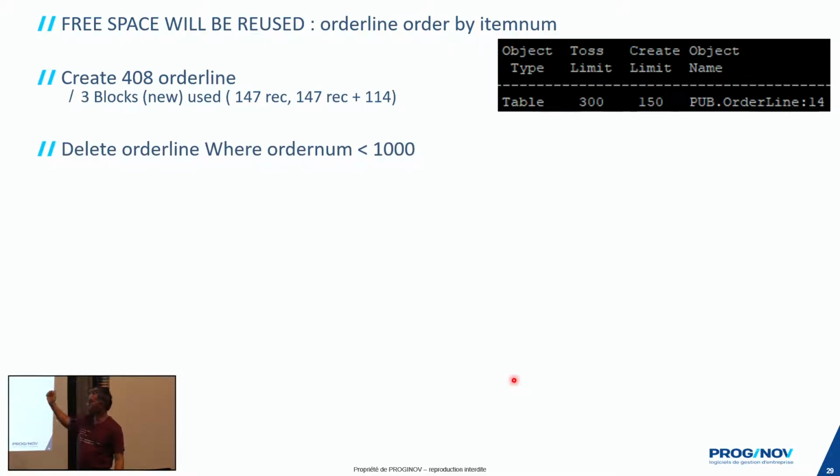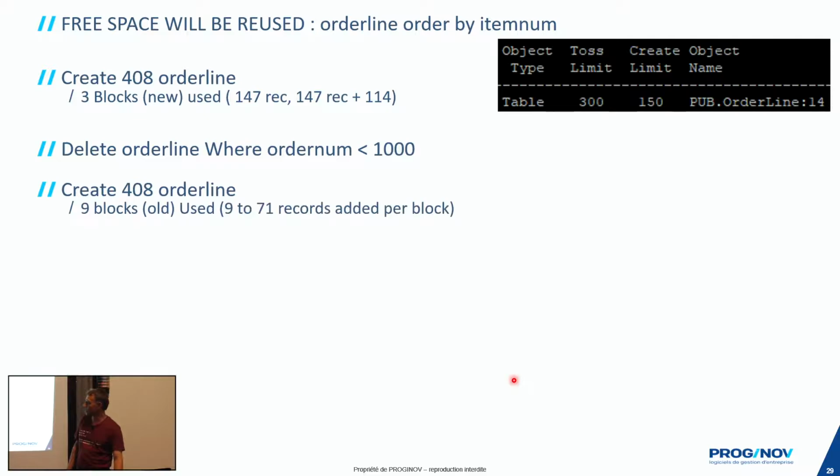The DB's order line is ordered by item, dumped and loaded by item name, and I'm deleting by order name, which is not the same index. So when I create the same set of records, now records are spread in 9 blocks. So it will increase your disk reads, 3 blocks, 9 blocks. So you could have a performance issue if you are already active on this table.